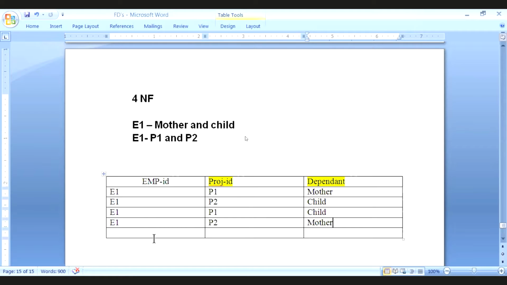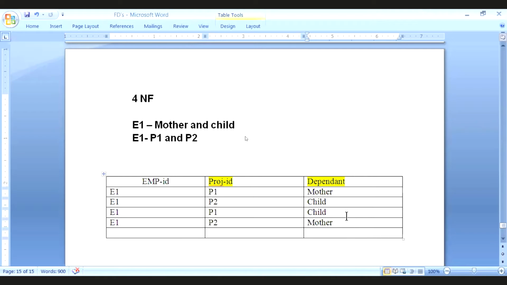Then only this sort of redundancy occurs. So for two tuples, I'm inserting four tuples. If there were more tuples, I would have inserted many more. This is only for employee E1. Just imagine if there are so many employees and each employee is involved with multiple values of project and dependent, I have to repeat multiple times in order to get the correct information.